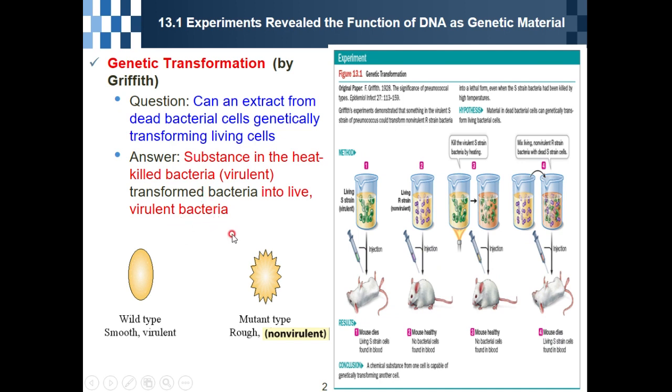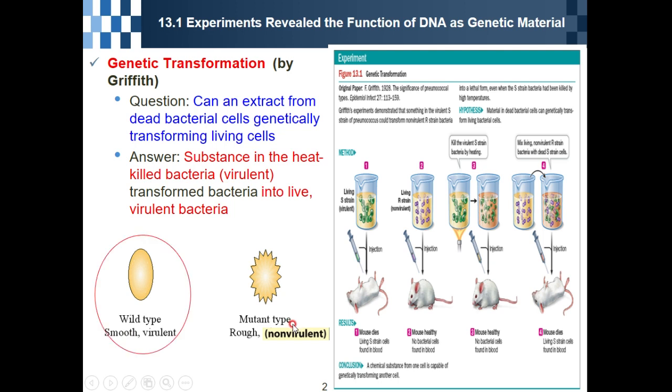Okay, so the first subject is the experiment that revealed the function of DNA as genetic material. The first one we call the genetic transformation experiment by Griffith. First of all, he used two bacteria.